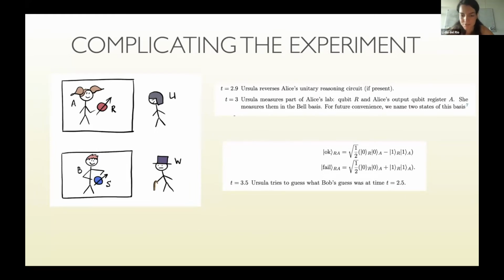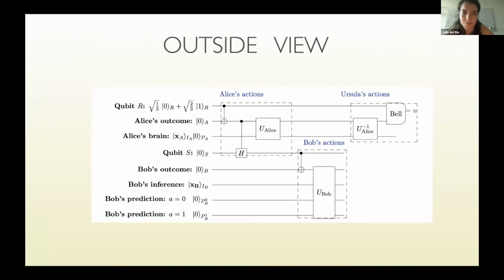So let me draw this as a circuit now, first without the brains, in a lot of detail. From the outside, even from Ursula's perspective, what happened was we have Alice's actions first. Alice applied the C0, then applied this controlled Hadamard on S. And we can give Alice a brain, why not?